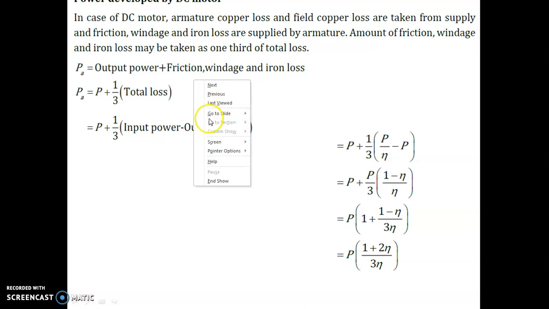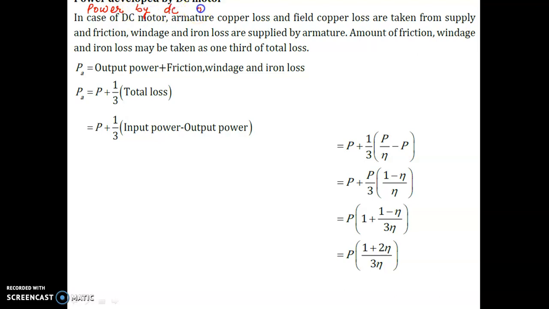In this case we will see how much power we are getting as output power. This topic is the power of a DC motor. Earlier I calculated it for a DC generator.